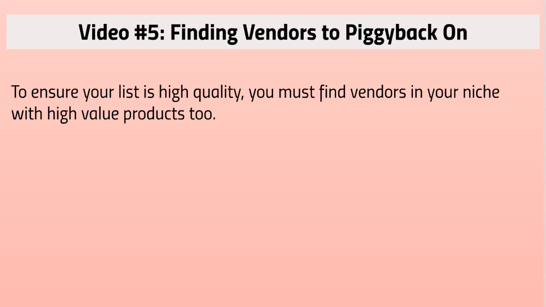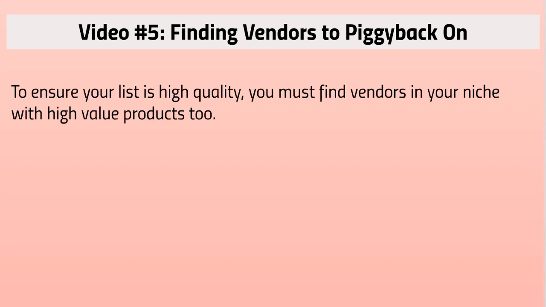So you want to make sure that you attract the customer that can resonate with them, but also resonate with you. If they're the type of person that is looking for high quality material and willing to pay for high quality material, that's the type of person that you want on your list.